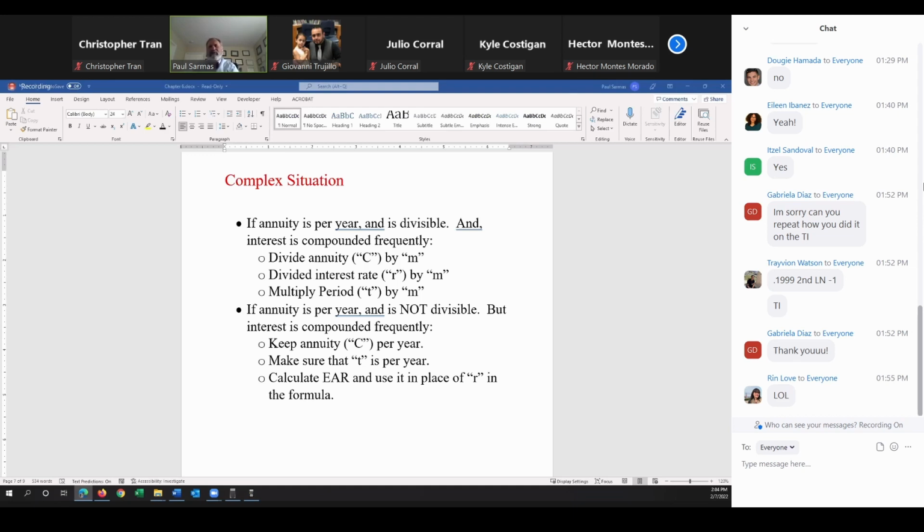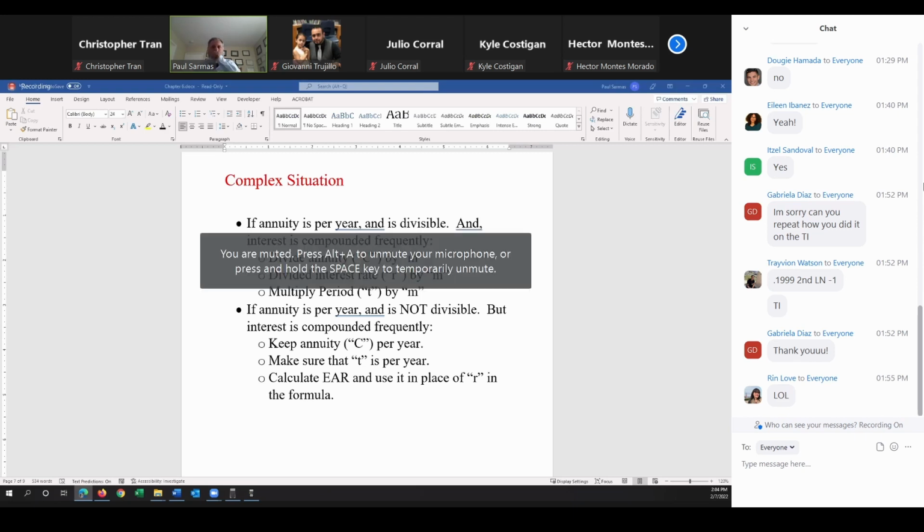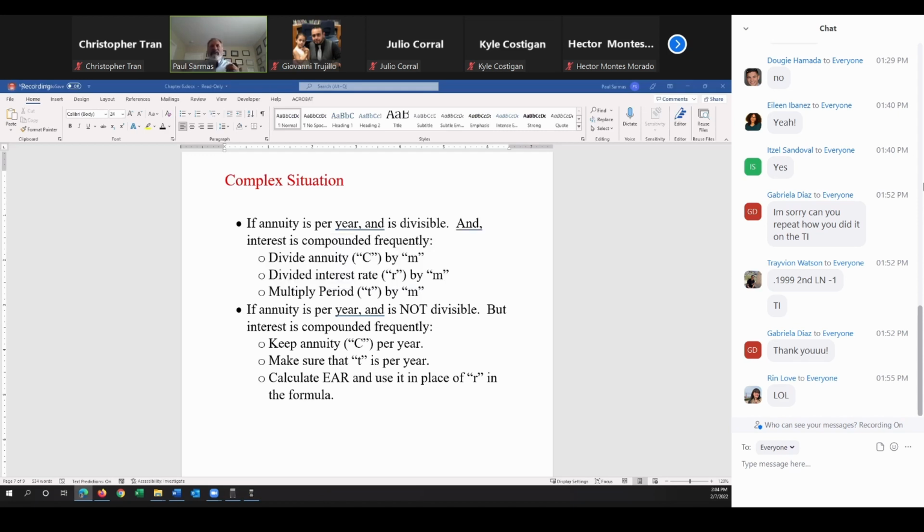I want you to be prepared for situations where you cannot use the formula or financial calculator right away. So you have to do some manipulation in order to arrive at the correct answer. This is the situation, and pay attention to the difference between two situations.